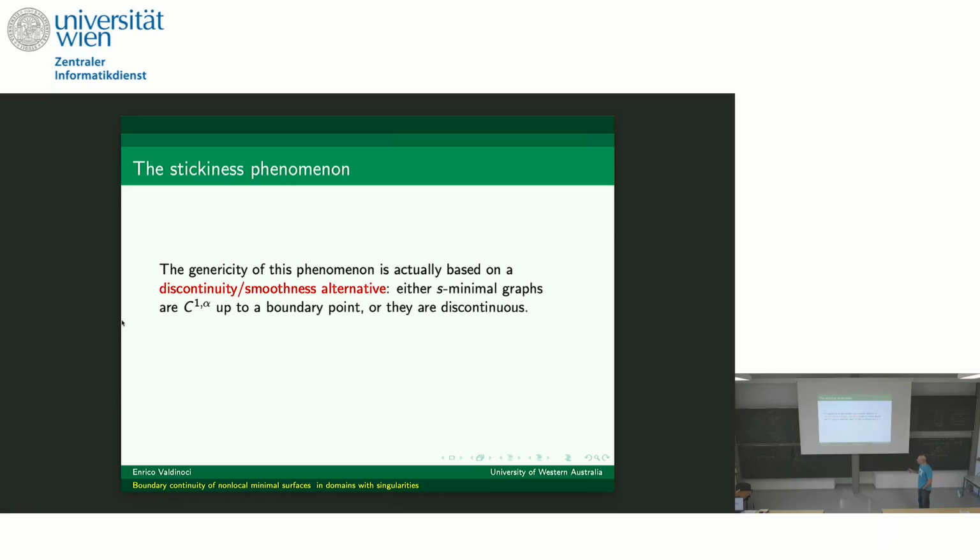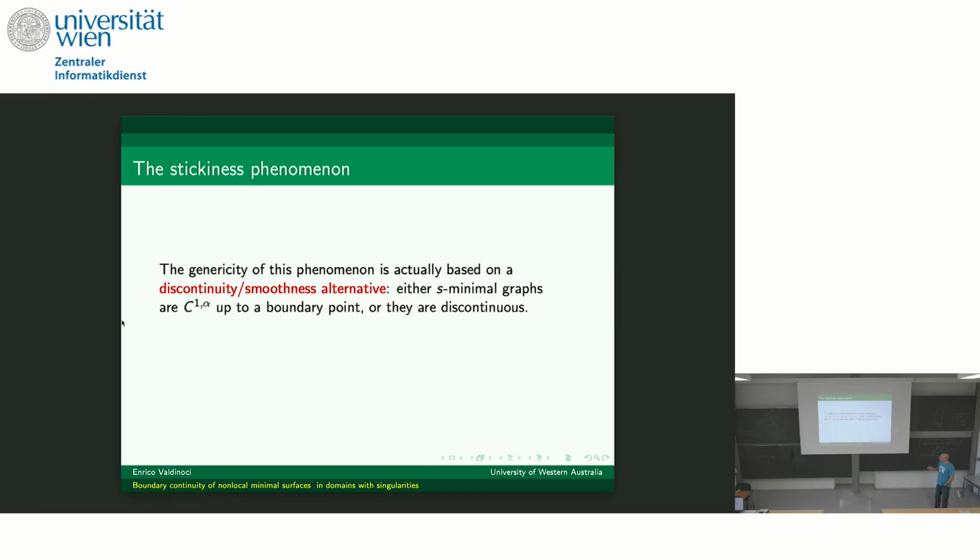Basically, for S-minimal surfaces, what happens is that boundary continuity implies boundary differentiability. This, of course, is wrong for standard functions, but it's exactly what happens for S-minimal surfaces, for S-minimal graphs.